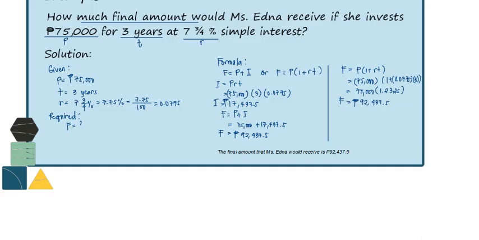So basically, that's going to be the amount that Miss Edna would receive after she invested 75,000 for 3 years at 7 and 3/4% simple interest. So yeah.